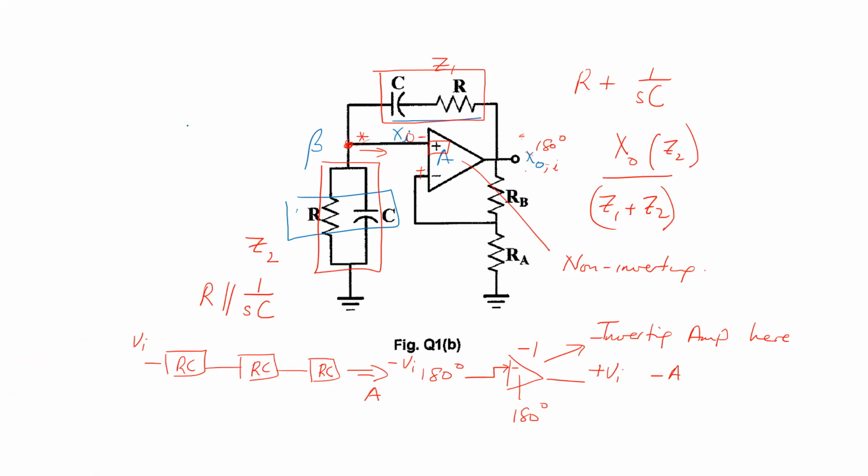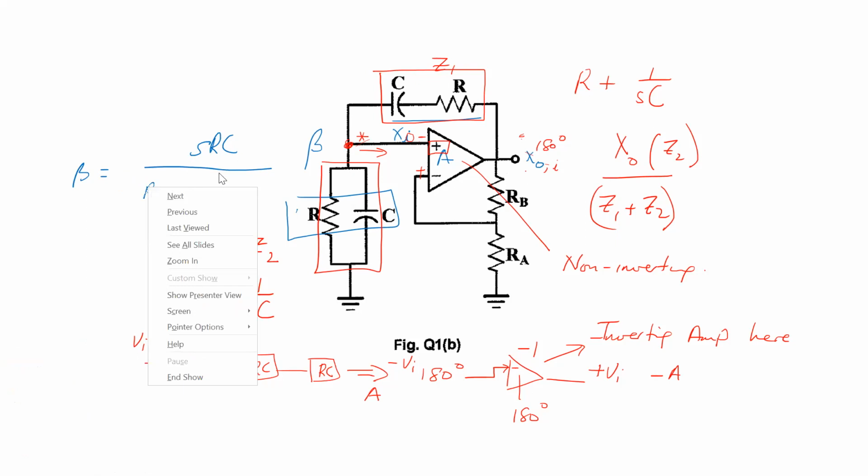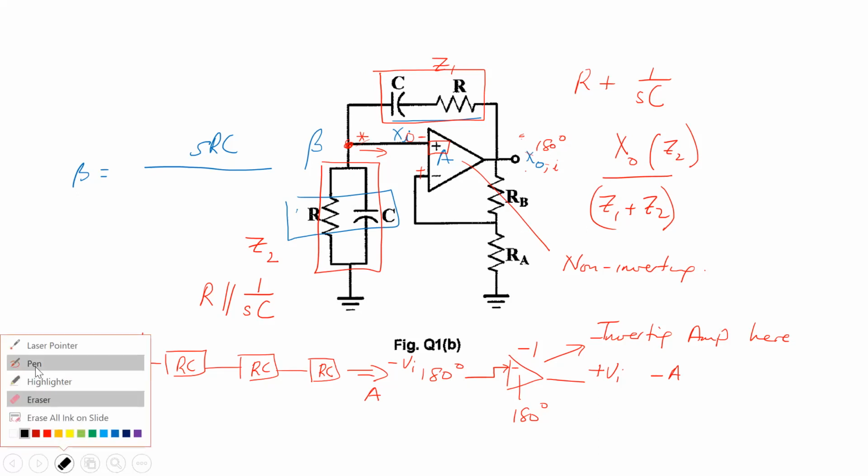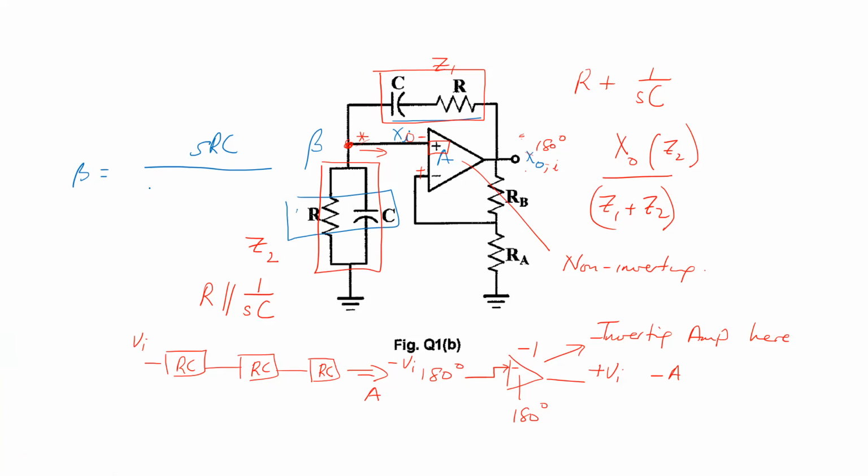You get that beta is equal to SRC over 1 plus 3 SRC plus S squared C squared R squared.